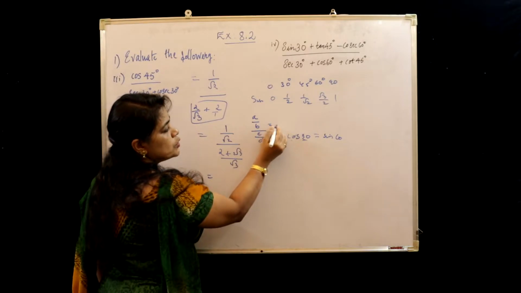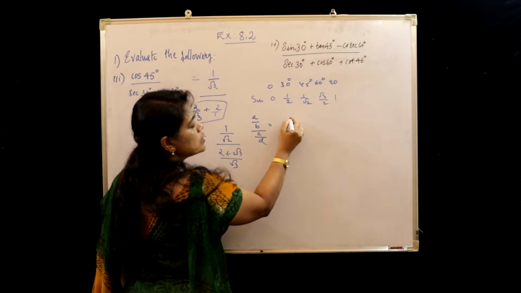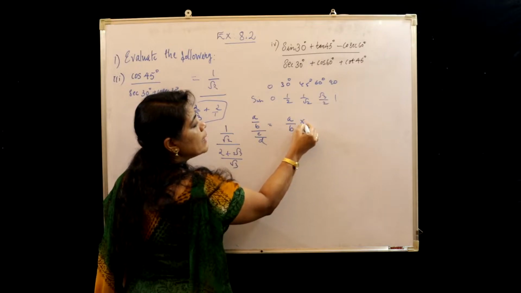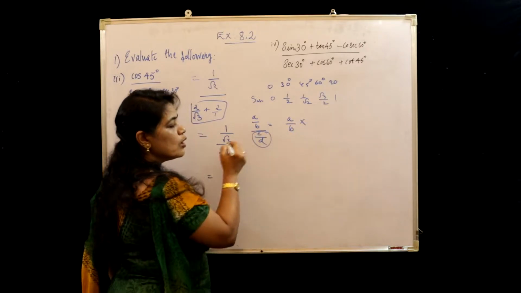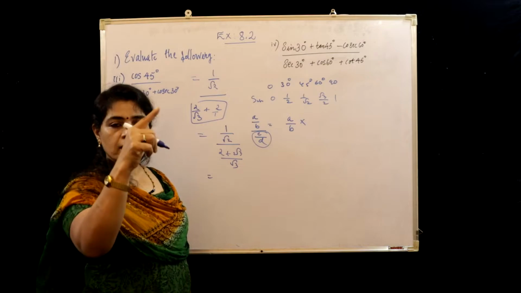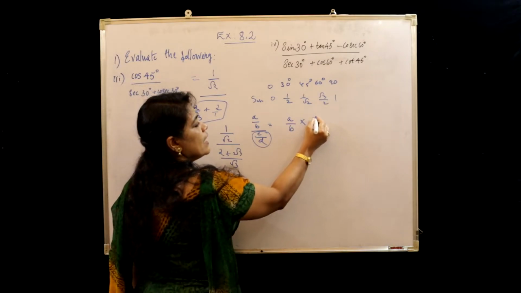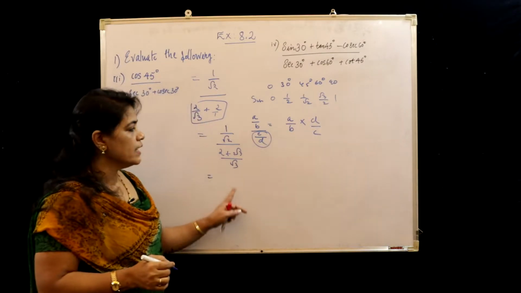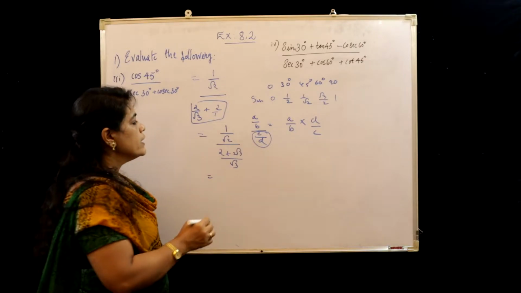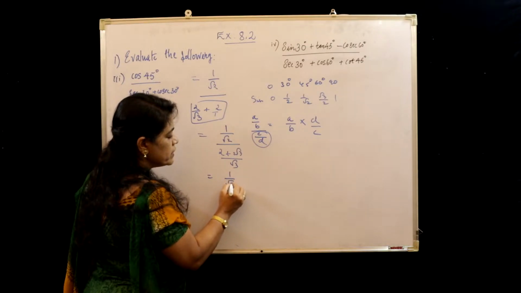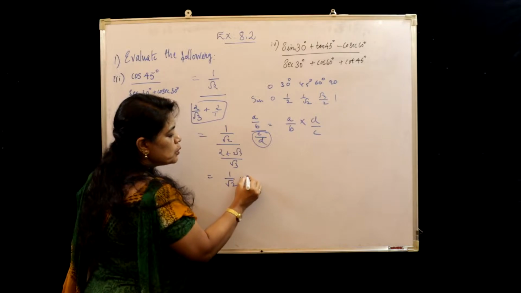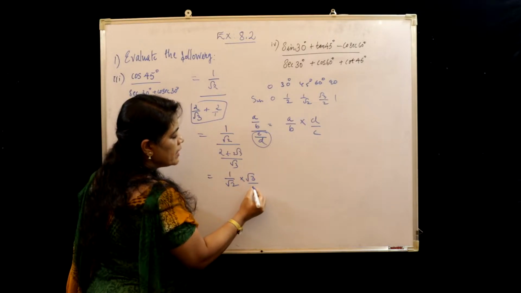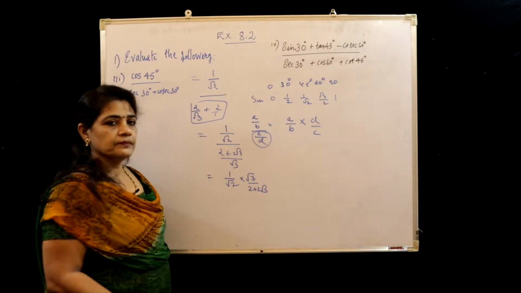This is equal to a by b, no change for the numerator, but multiply with the reciprocal of c by d, d by c. That is the idea we are going to apply over here. Okay, that is 1 by root 2, no change, into root 3 divided by 2 plus 2 root 3.